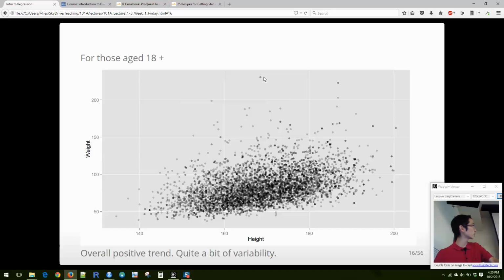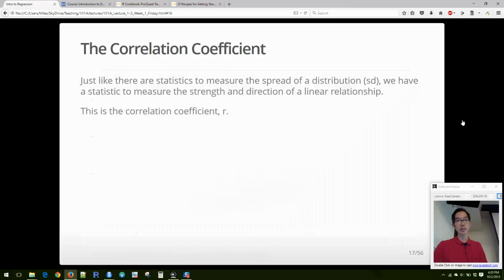This person weighs, I don't know, 25 kilograms, which is slightly worrisome, but there are people like that. And this person is 200 centimeters tall, which is very tall. That's 2 meters tall. All right, so let's take a look.